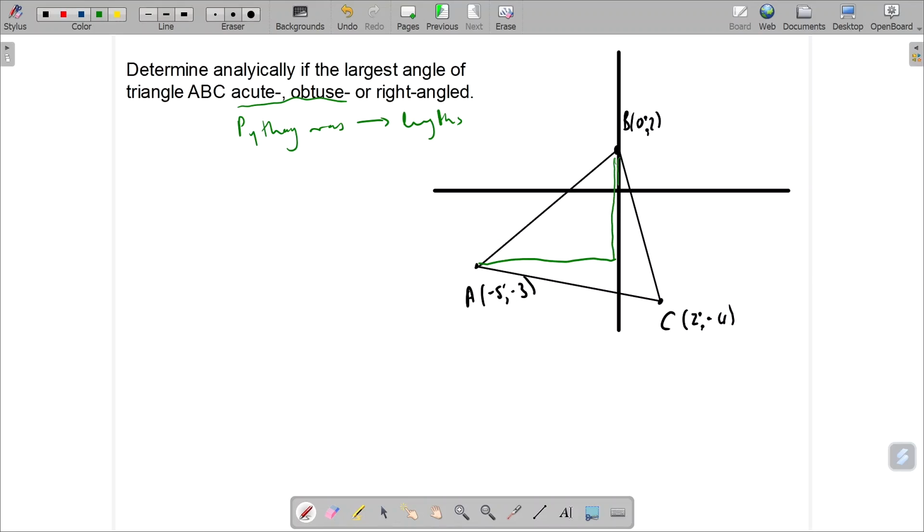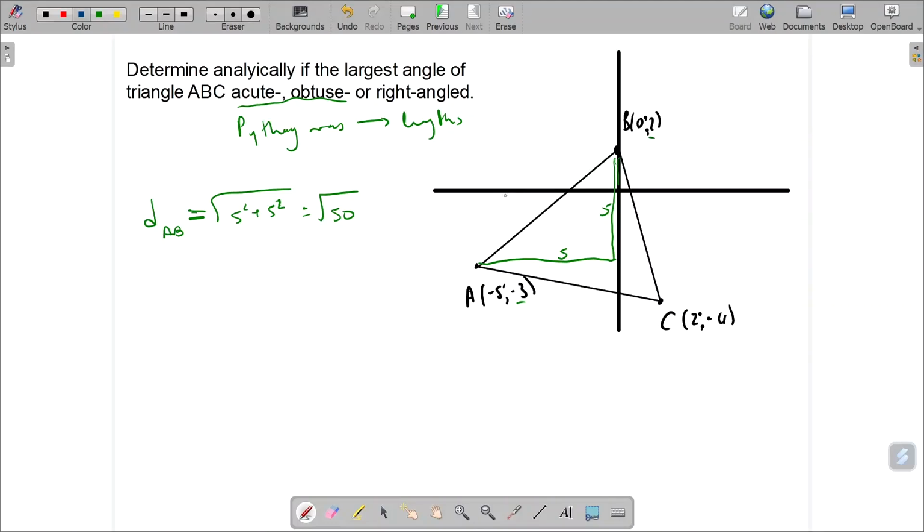So from -5 across to the y-axis, I have changed by 5. To get from this y value of -3 up to this y value of 2, I've gone up by 5. So for me, the distance of AB is equal to 5 squared plus 5 squared, which is the square root of 50.